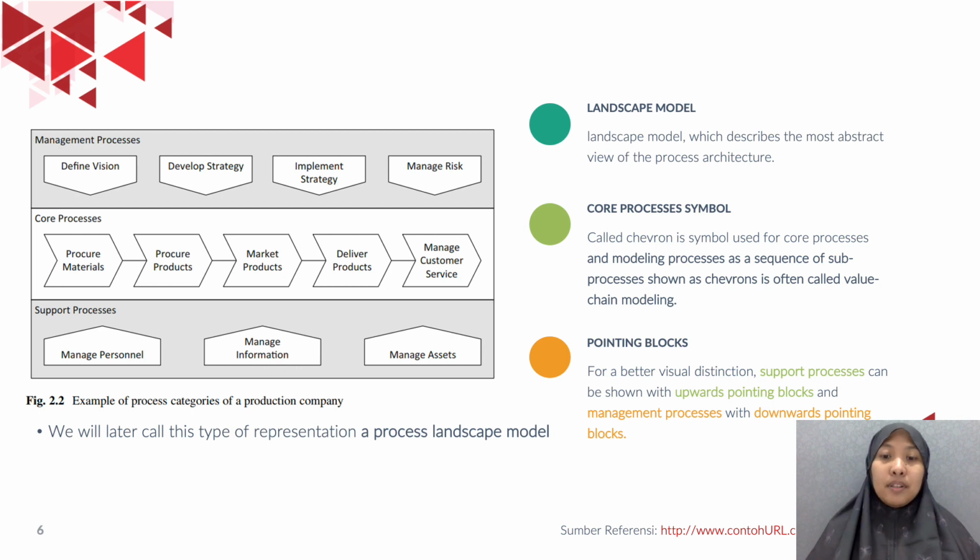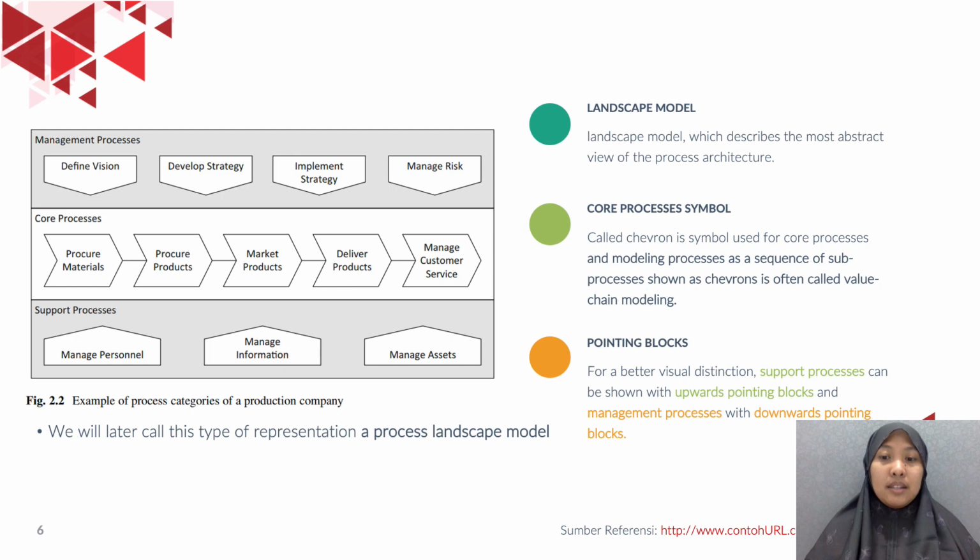The example uses three categories for grouping the business processes according to their strategic importance. So there are core process, support process, and management process. The core process includes the direct procurement of materials, produce product, market product, deliver product, and manage customer service.